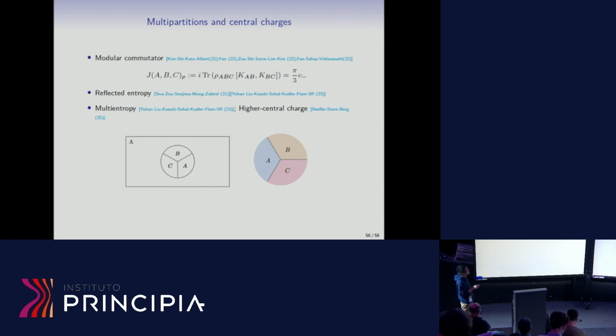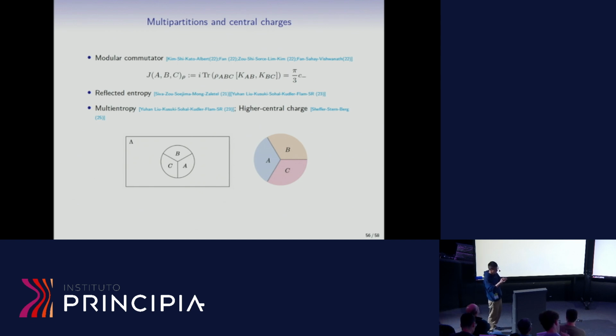An interesting recent work from Israel is that you can study multi-entropy not in this setup, but using this tetrapartition. And then they show that the multi-entropy in this tetrapartition setup does extract this higher central charge. Okay, I think that's also another related interesting result.